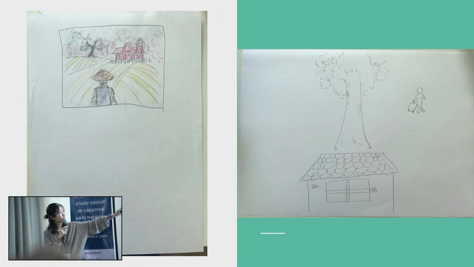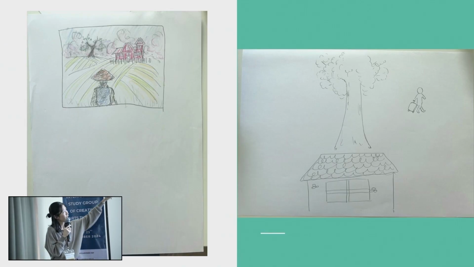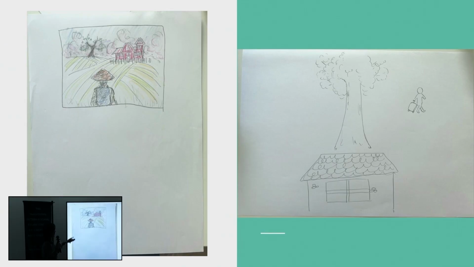And this is the first picture that she drew. I gave her the A4 paper, but she still put a frame around it for herself, right? She had to contain it. And the person is turned this way, to the house quite far, and there's a fence as well.